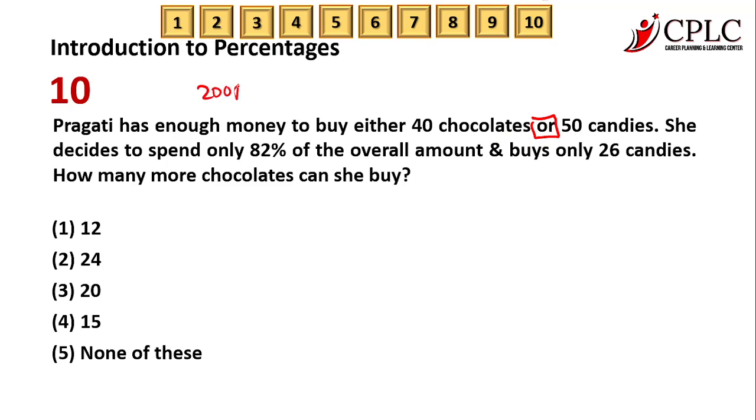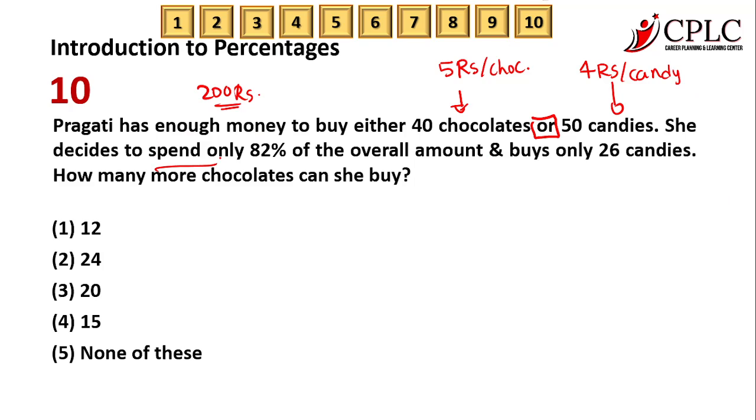So let's assume she has 200 rupees as an amount with her. And in those 200 rupees, she is buying 40 chocolates or 50 candies, for example. So in 200 rupees, she buys 40 chocolates. So that means the chocolate price becomes 5 rupees per chocolate. And in 200 rupees, she is buying 50 candies. So candy price becomes 4 rupees per candy.